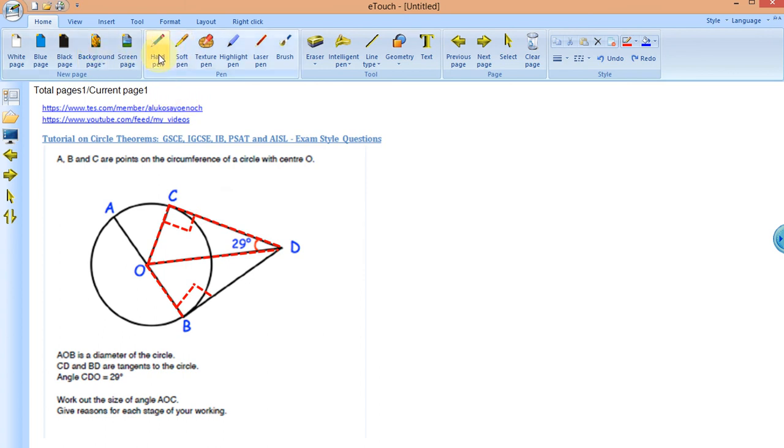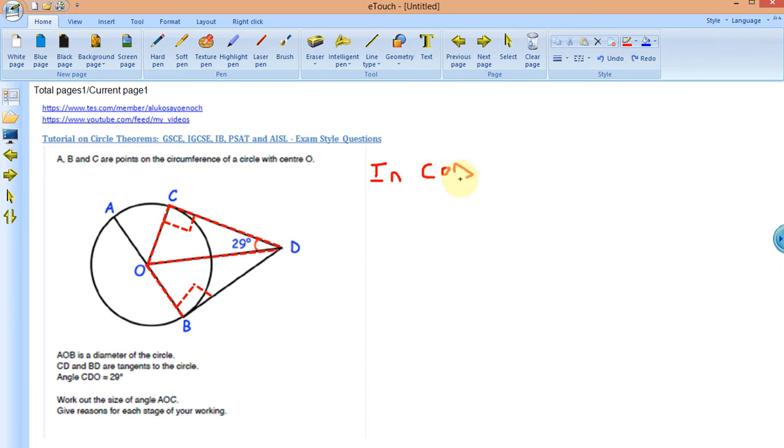As I was explaining before, this is a tangent and this is a radius. So tangent to radius is 90 degrees, and this also, tangent to radius, is 90 degrees.